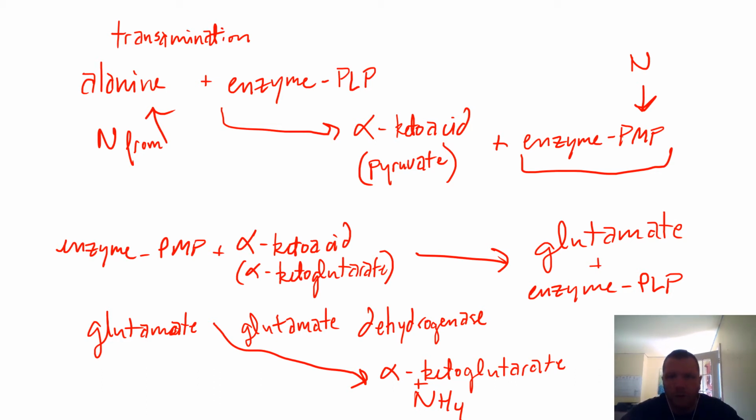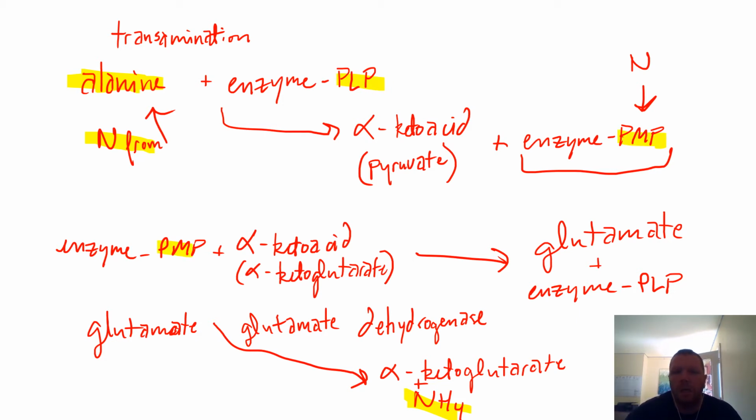What we want to do is take something like alanine, take the nitrogen off of that, and ultimately get rid of it. But there's a little bit of an involved process with that. The alanine has to donate that nitrogen, or that NH2 as it would be, onto our PLP, which becomes PMP.